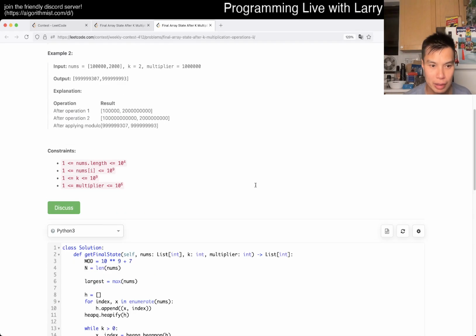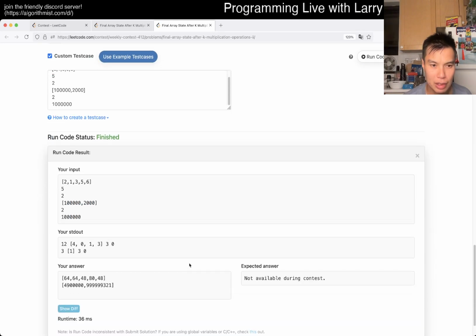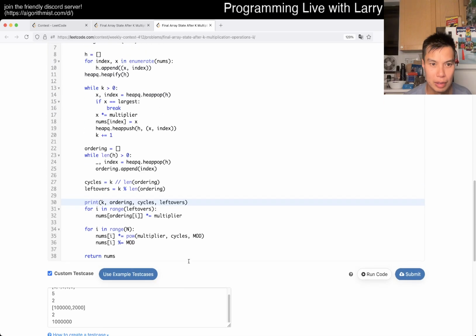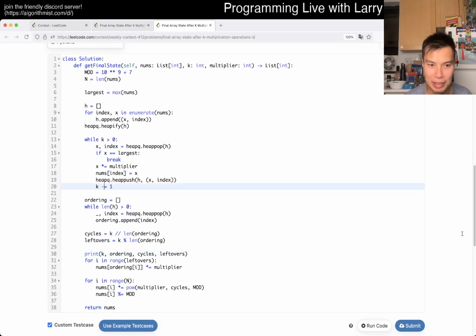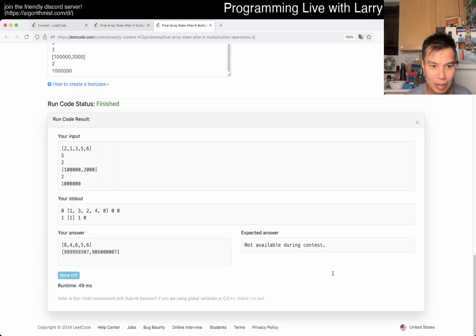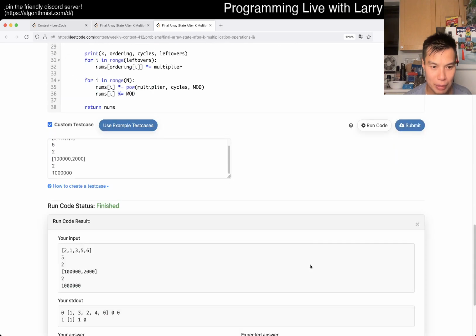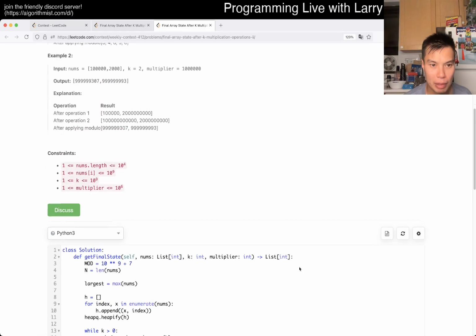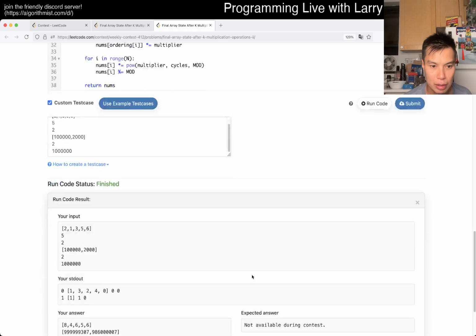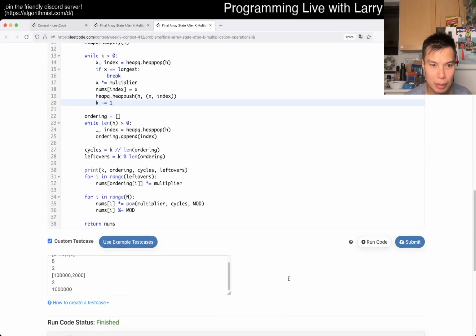Okay, no, wait. K is 2, so this is just weird. Oh, why did I have increment here? Wow. Okay, that is just a silly typo. Still wrong, but I think we're off by maybe off by a little bit.